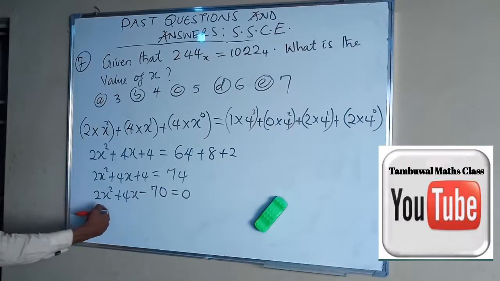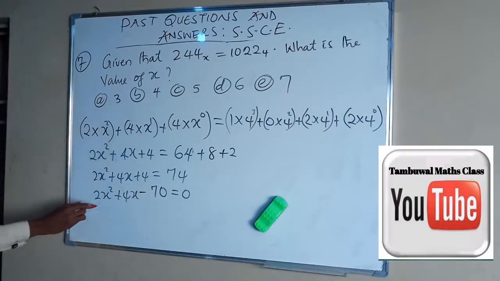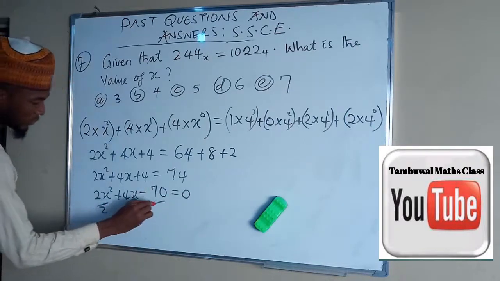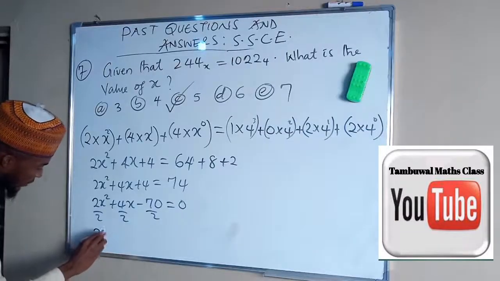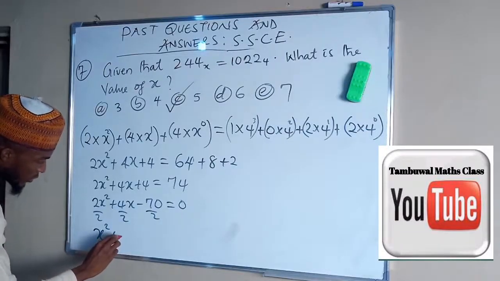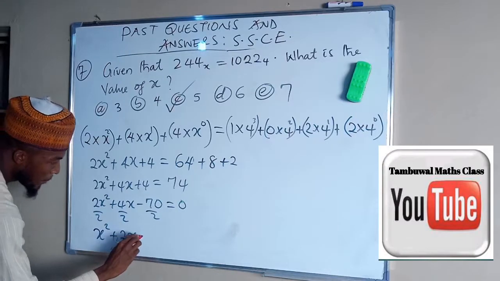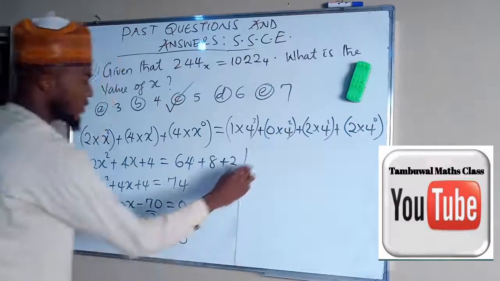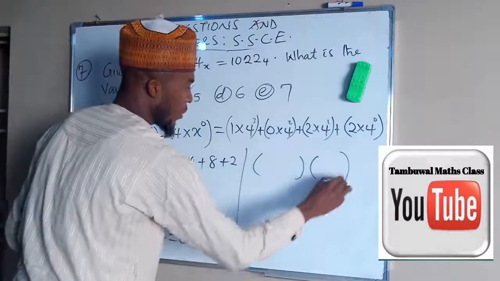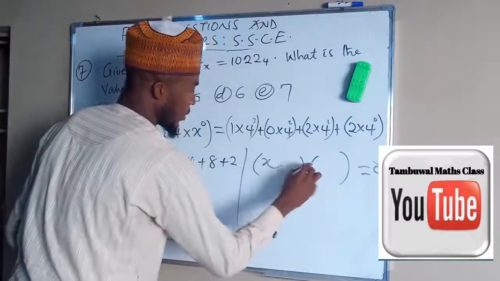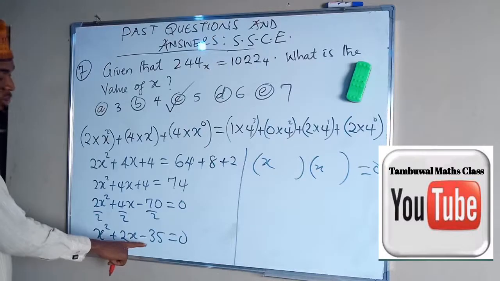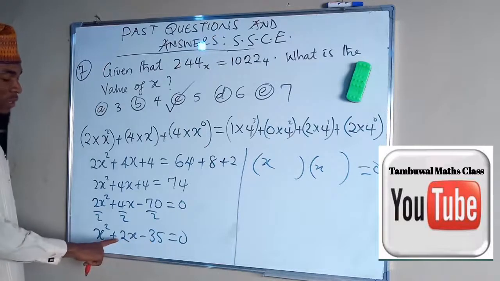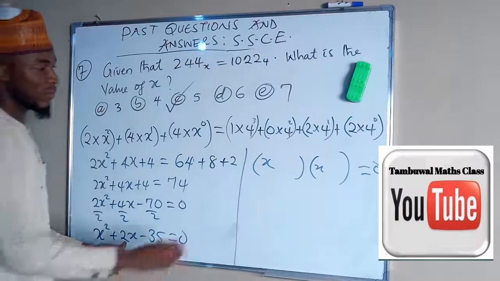Now we divide each term by 2. So we have x squared plus 2x minus 35 equal to 0. By factorization, we think of two numbers. When we multiply them together, we get 35, and when we add them together, we get a positive number 2.